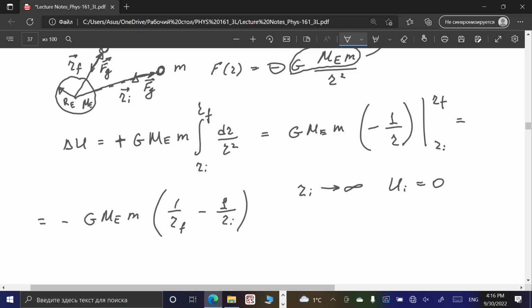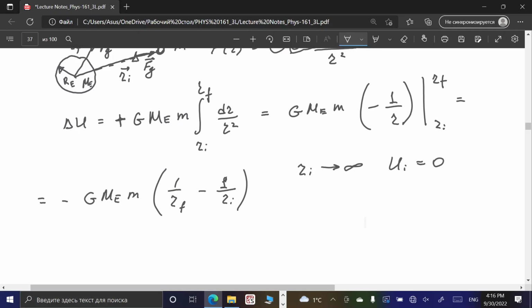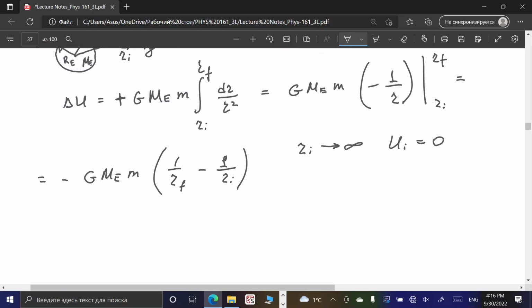So if that is the case, we can write that expression for potential energy as a function of position, like distance from the center of the Earth, will be given as minus g times me times m divided by r.